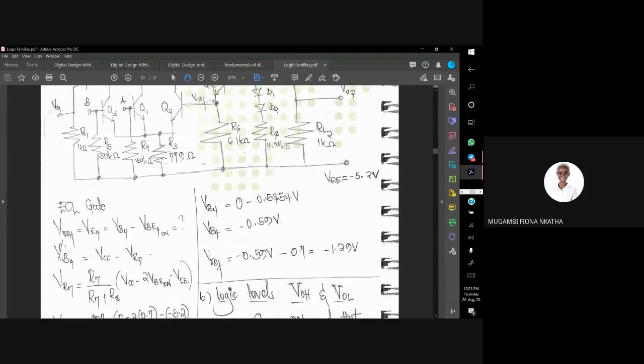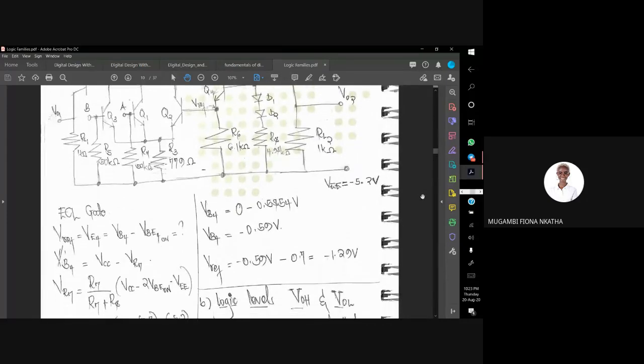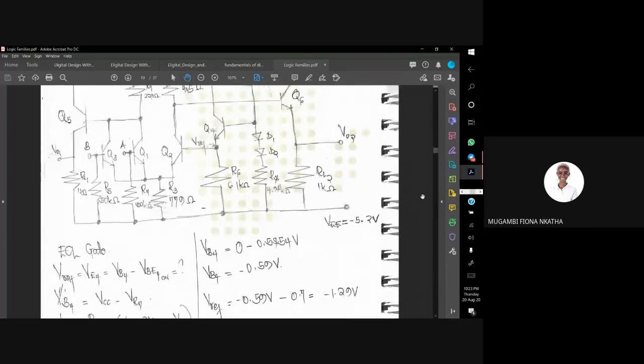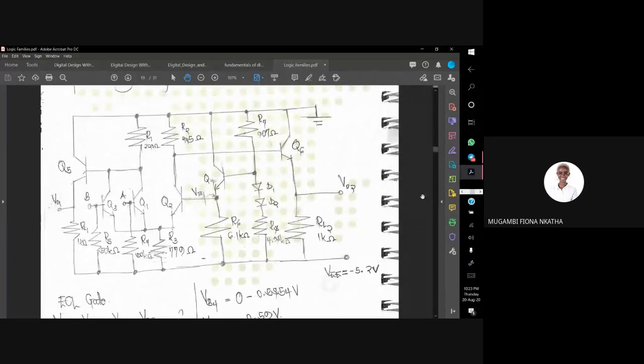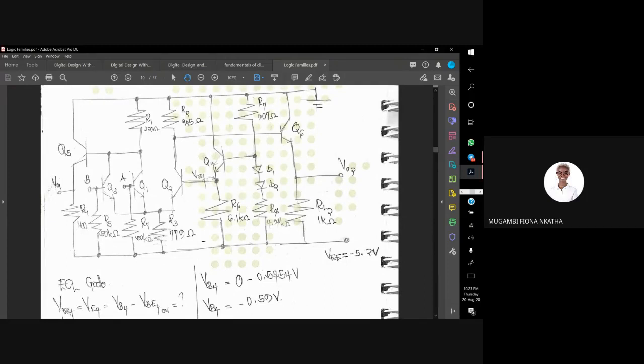So what is VB4? Remember we are looking at this transistor Q4 here.